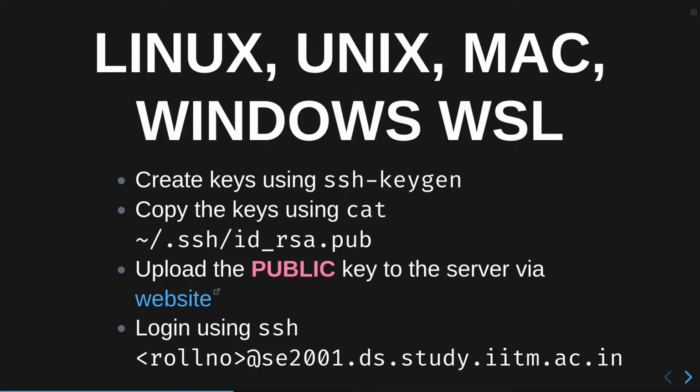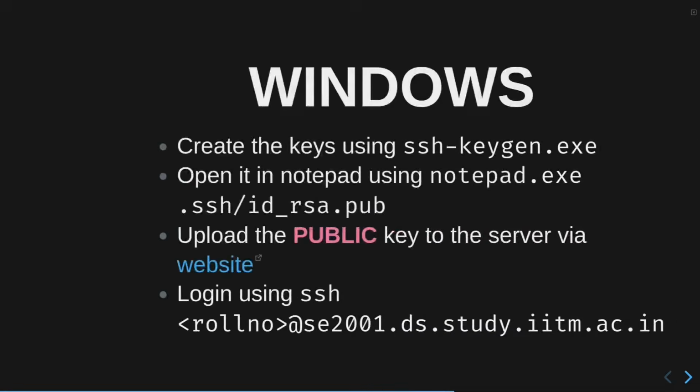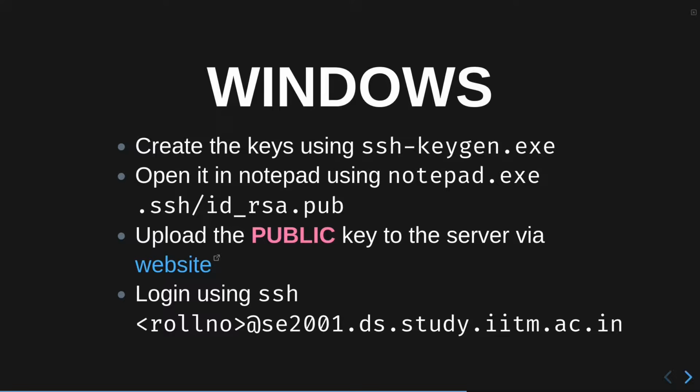People using Linux, Unix or Mac, or even Windows with WSL, the Windows Subsystem for Linux, already set up, can follow these instructions, whereas people using only Windows and PowerShell can follow these instructions instead. We will now demonstrate both these methods one by one.